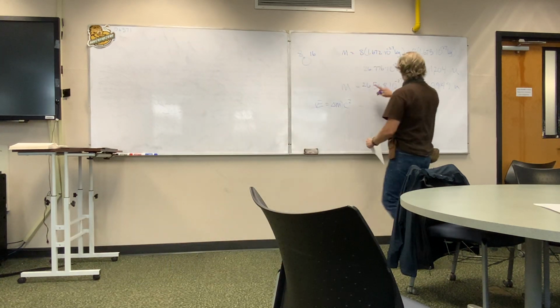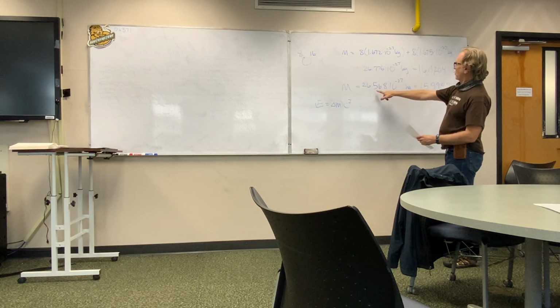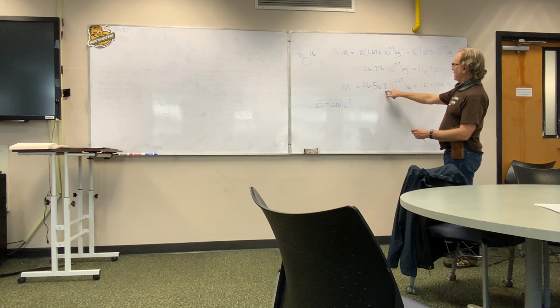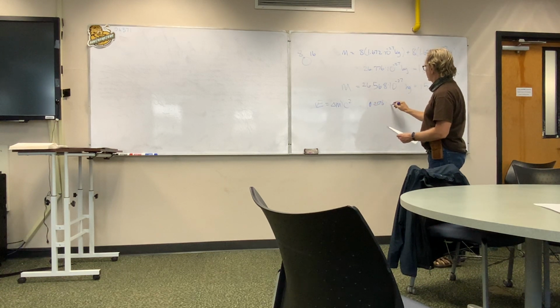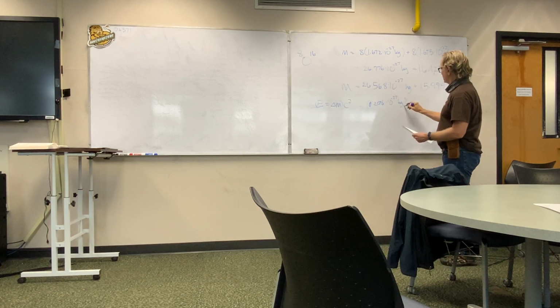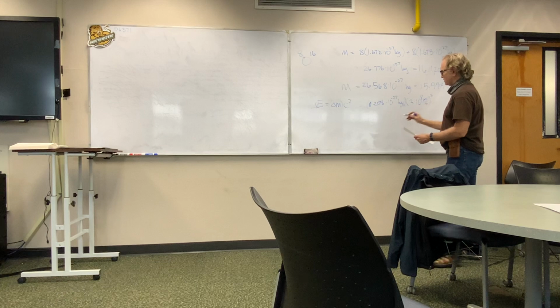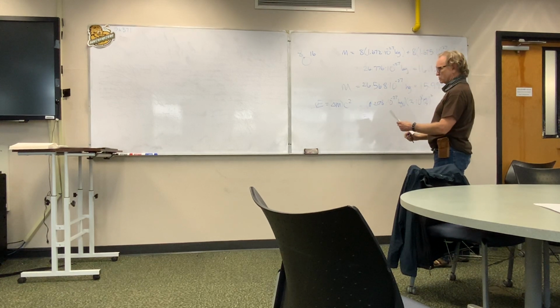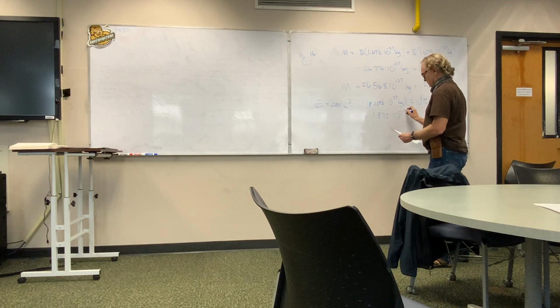So for this set of measurements, that's 0.208 times 10 to the minus 27 kilograms times 3 times 10 to the 8th meters per second squared. I'll get 1.872 times 10 to the minus 11.